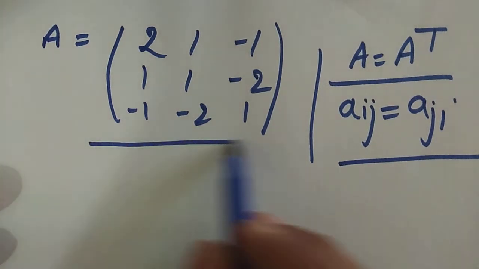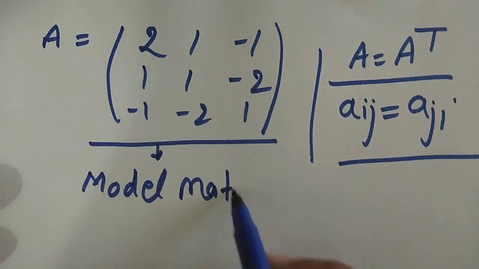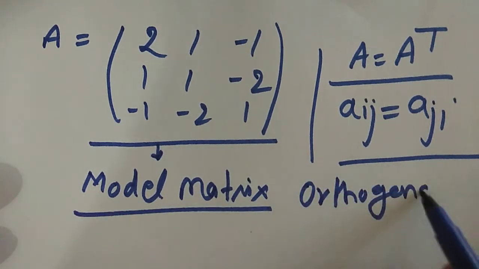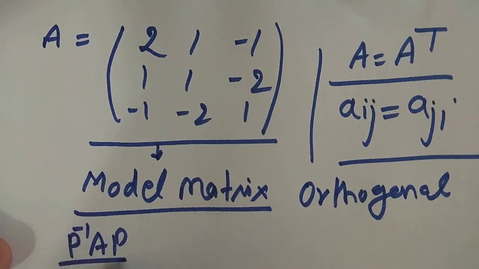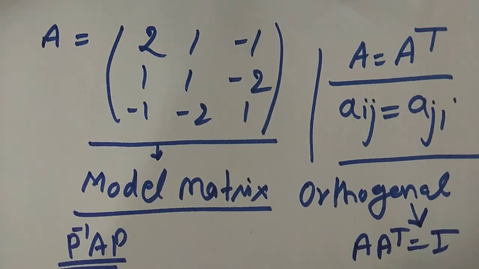For a symmetric matrix, your model matrix will be an orthogonal matrix. An orthogonal matrix is a matrix which has orthogonal unit vectors. For an orthogonal matrix, A into A transpose equals identity, so A transpose equals A inverse.